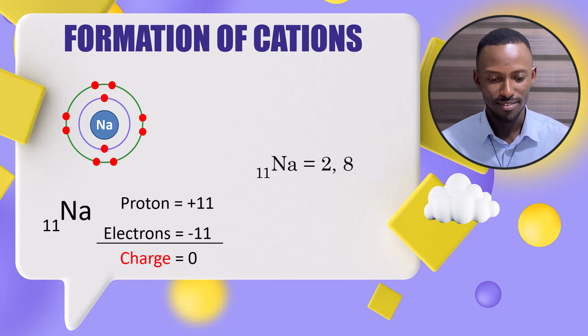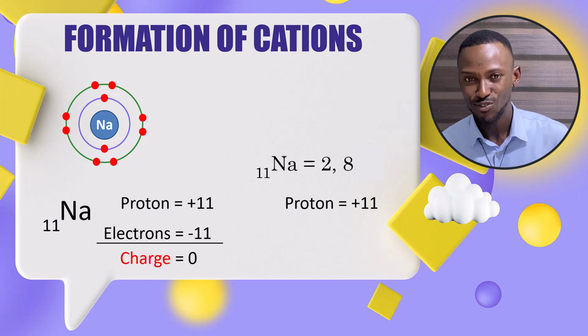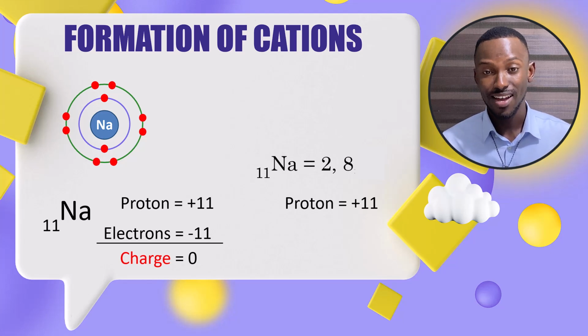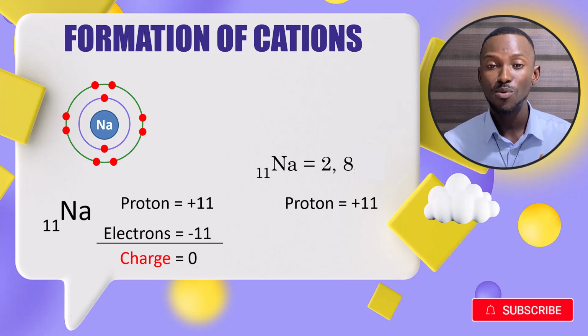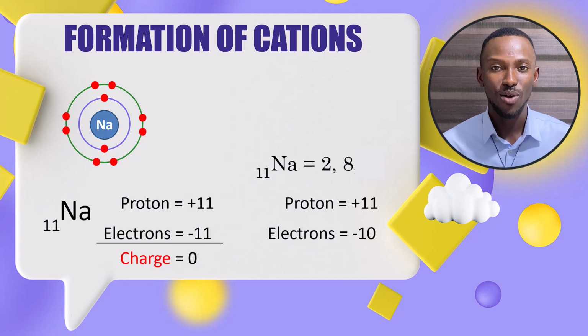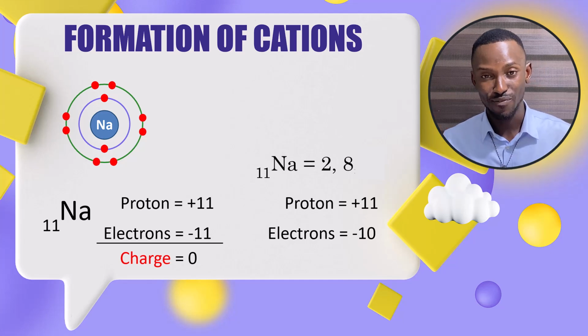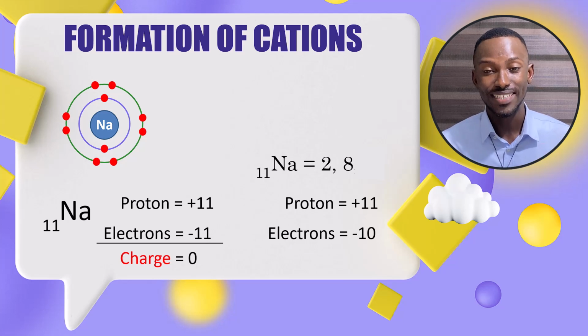So what does that mean? Well, the proton of sodium has really not changed. What has changed is the electron. So sodium still has protons of positive 11. Meanwhile, it has lost 1 electron, meaning the electron count has reduced from 11 to 10. So electron counts are now only 10.